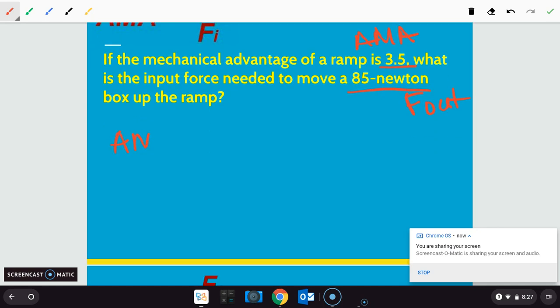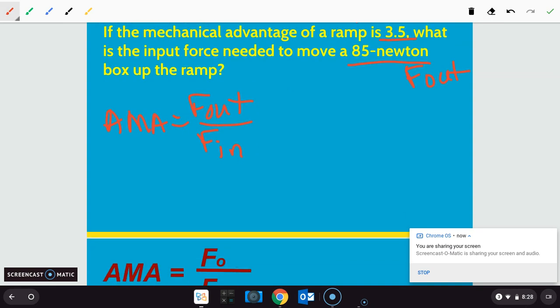So AMA equals force out over force in. When I do this one, the AMA is 3.5, the force out is 85 newtons, and the force in, we don't know.